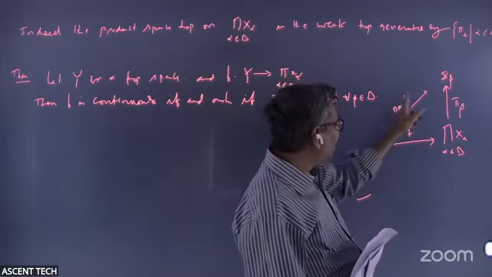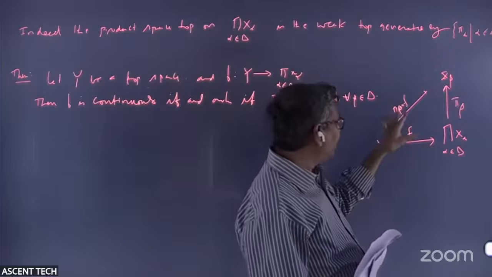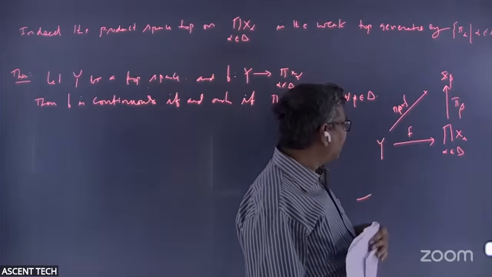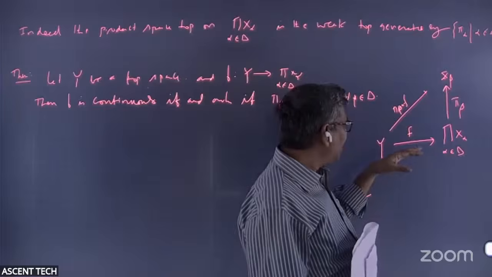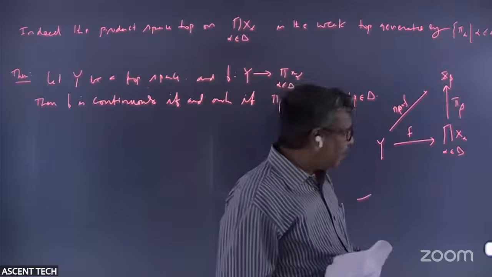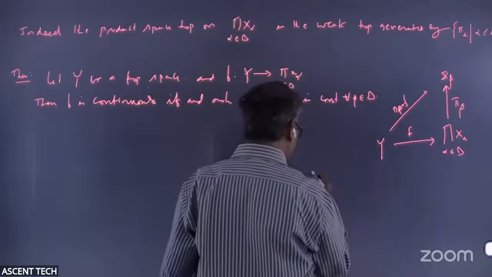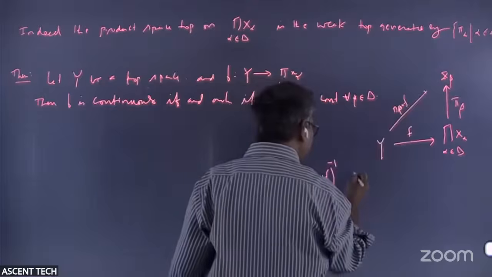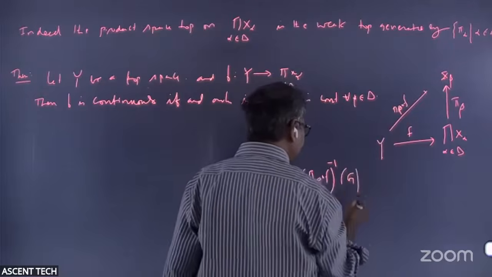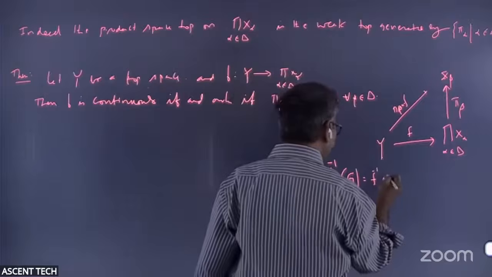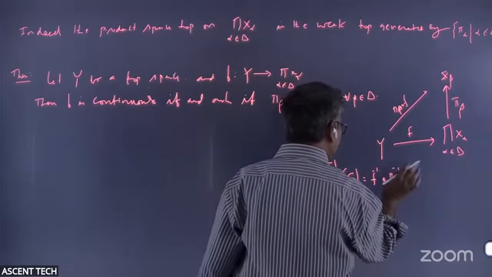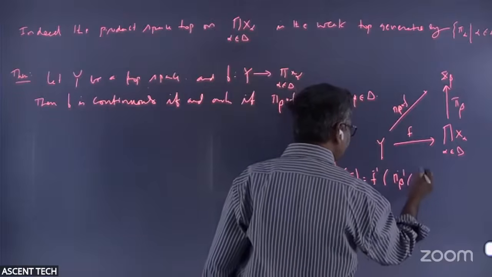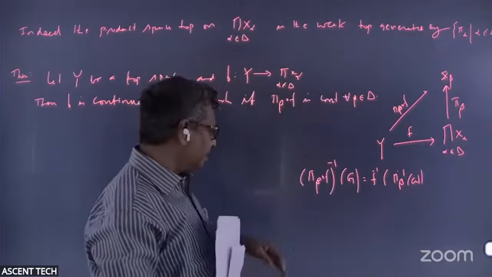On the other hand, if you want pi beta circle F to be open, for every beta, F is open, you have to prove. That is also the same story. If I take pi beta circle F inverse of an open set G, it is actually F inverse of pi beta inverse of G. That actually clinches everything.